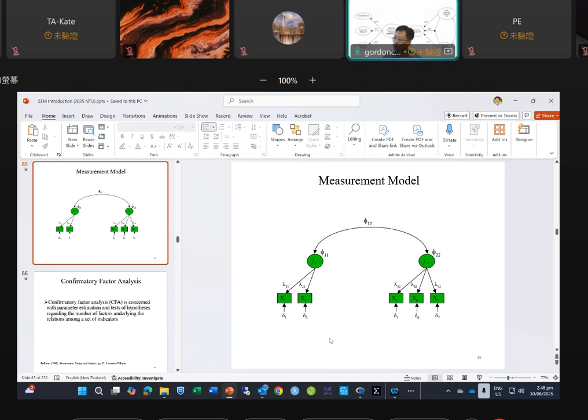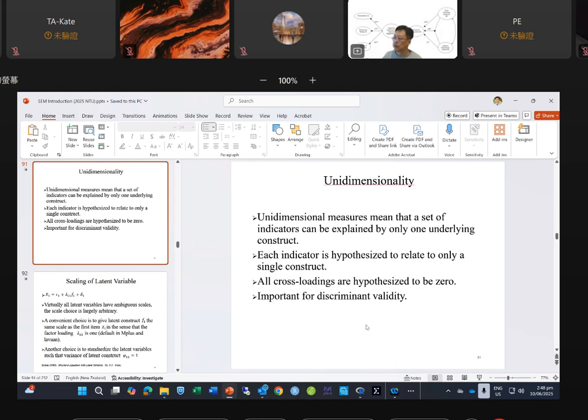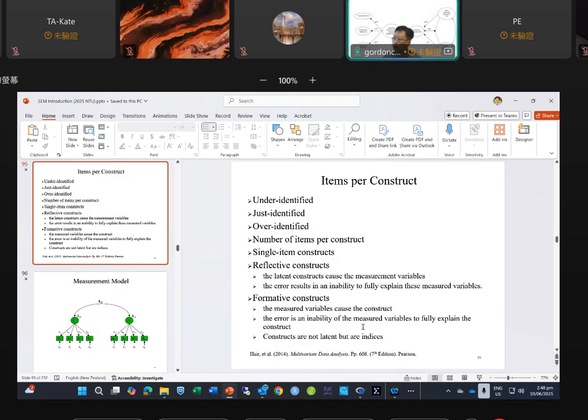Some scholars say that we should not look at the model fit because this part is under-identified and this part is just identified, although the whole model is identified. We cannot just estimate whether this part is good or that part is good, because the overall model fit can only give you the whole model. It cannot tell you about part of the model. So the answer is yes, we should ensure that the local part is at least just identified, but better to be over-identified.